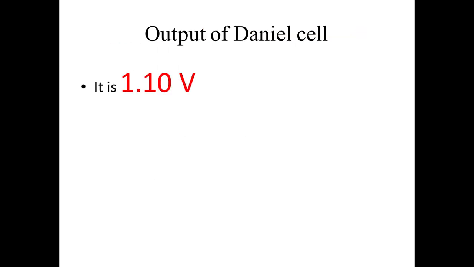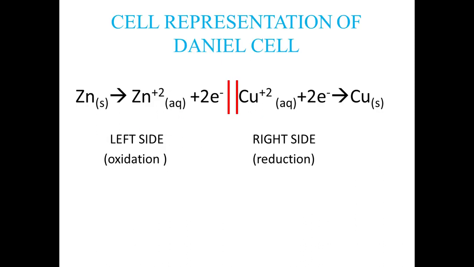Now some of the terms which are related with the Daniell cell. The first term is redox couple. Basically, a redox couple is the oxidized and reduced form of an element. So the redox couple is Zn2 plus and Zn.